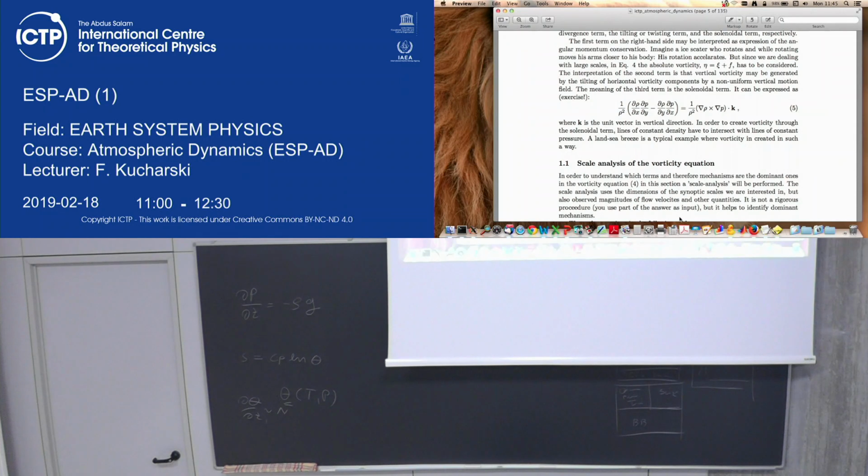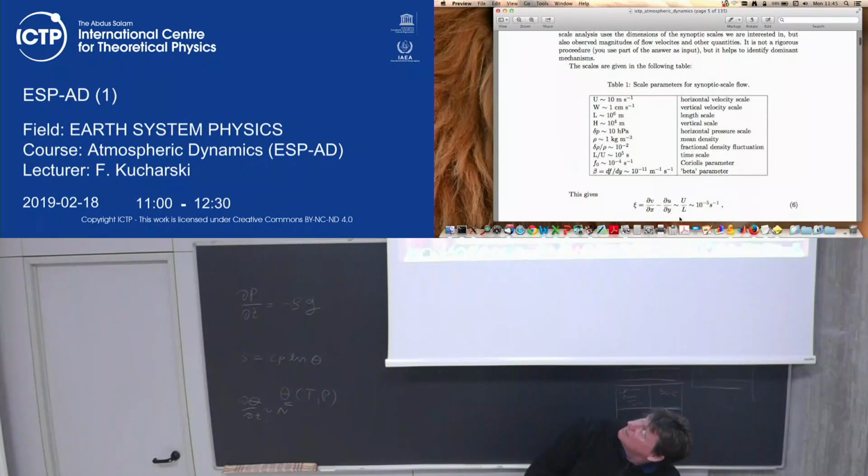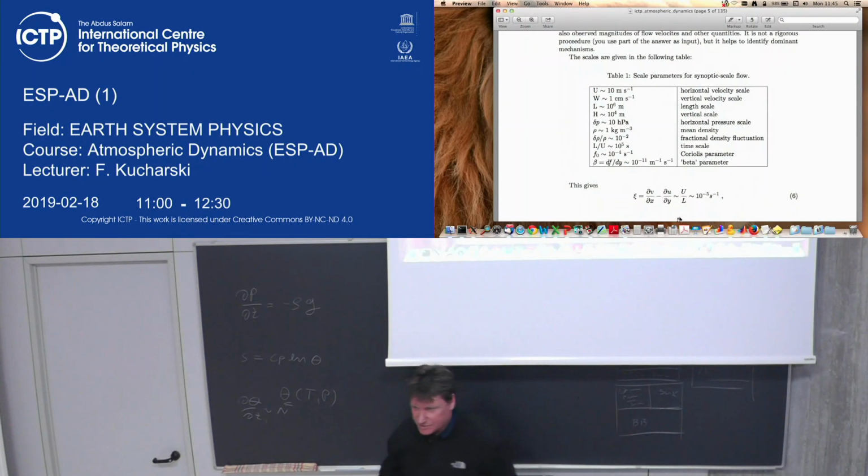So how do we see which term is really important here? We insert numbers. This is always good. We get some feeling about numbers. We want to know the scales that we are talking about. Let's say the scale analysis ideally would explain things.